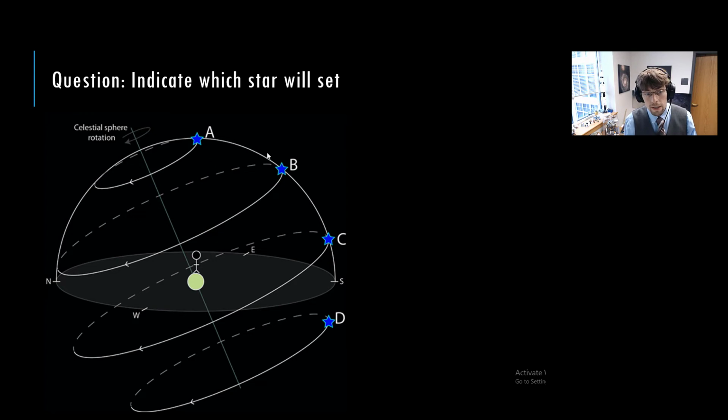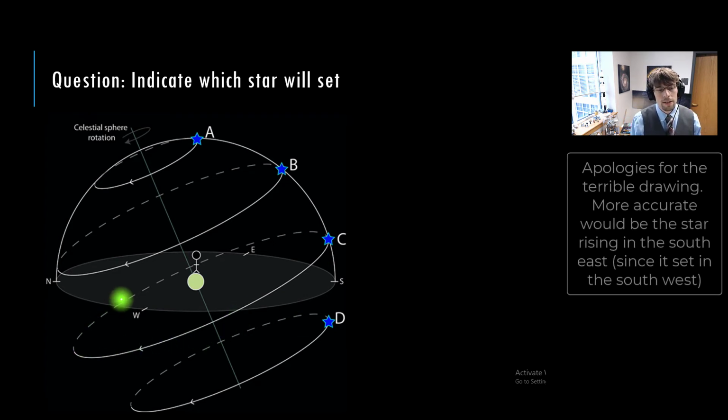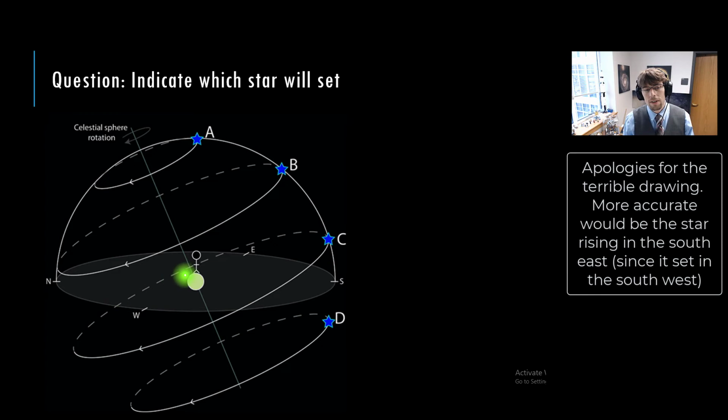Okay, so not B. That means it must be star C. You see, as C comes down, down, down, right there, our line is now crossing the horizon, somewhere to the southwest, and for a little while it's below the horizon. Now we're on the backside of the celestial sphere, and somewhere to the northeast, it comes up. So star C is the star that will set.